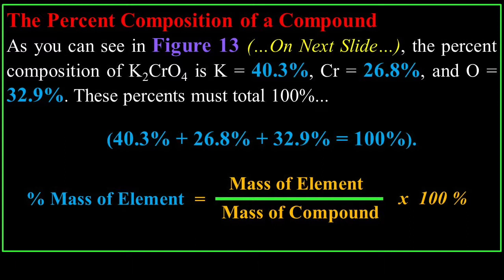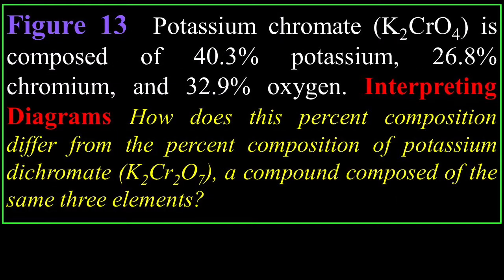What we'll see in a few minutes is that you have potassium chromate, and then you also have dichromates. So the dichromates are going to have, for instance, a larger percentage of chromium in them than in the chromate. So they are different chemicals. They are polyatomic ions. Potassium chromate is composed of 40.3% potassium, 26.8% chromium, and 32.9% oxygen.